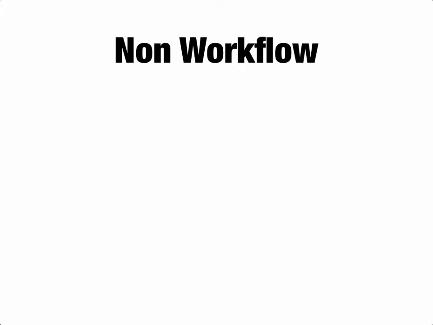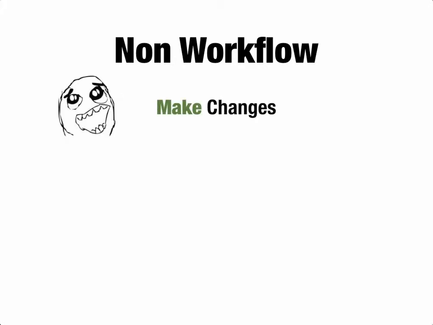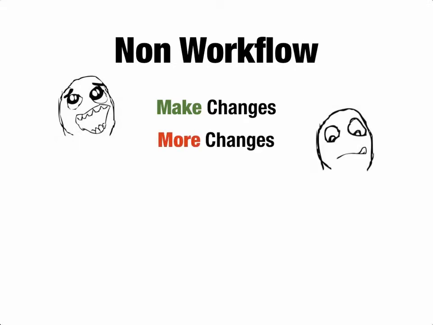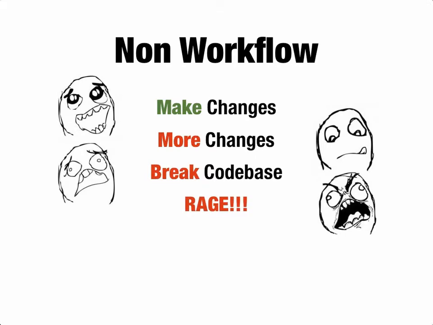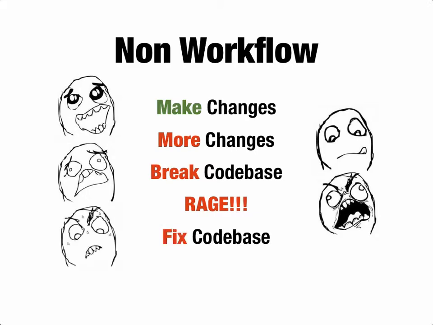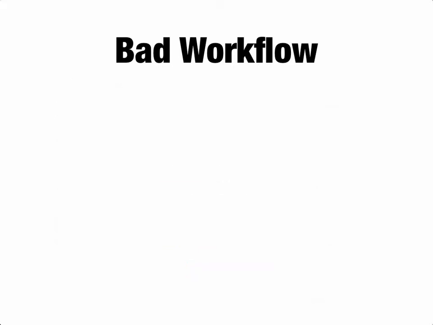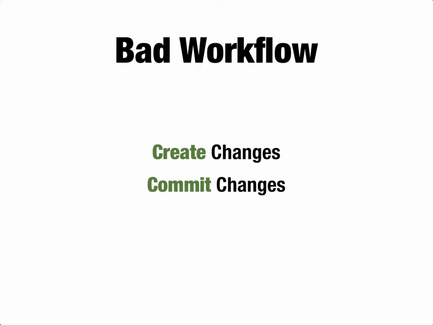So what is not a workflow? A non-workflow would be where you are a developer and you make some changes on your code, make some more changes, and then of course something is going to break at some point, and you get unhappy about that. You try really hard to fix it, and then maybe it's fixed. So that is not a workflow. A bad workflow is one where all you do is create changes and then you commit them.